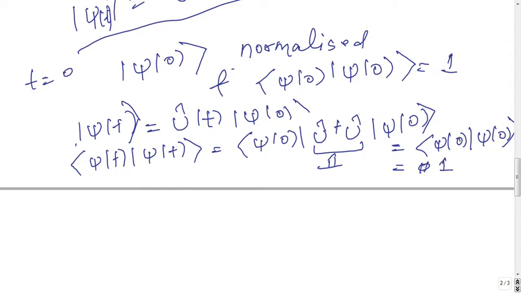This means that unitary evolution preserves the norm or the length of the states, which are represented as vectors in Hilbert space.